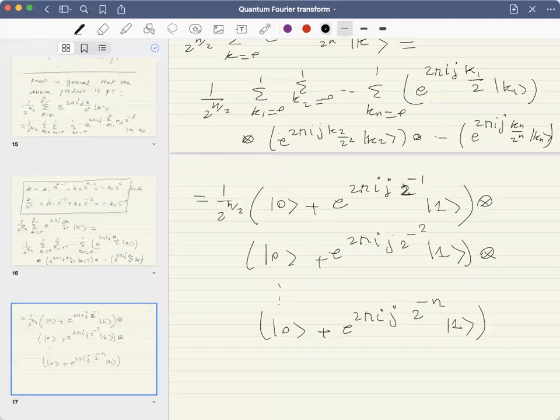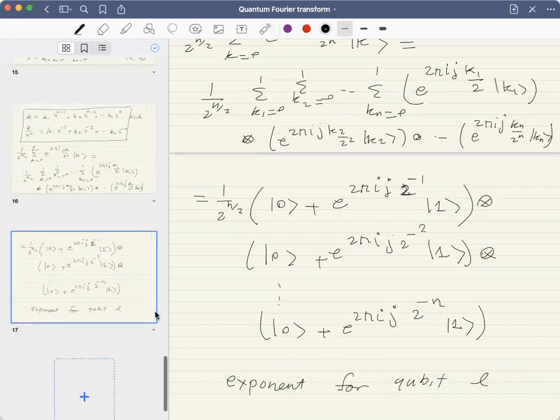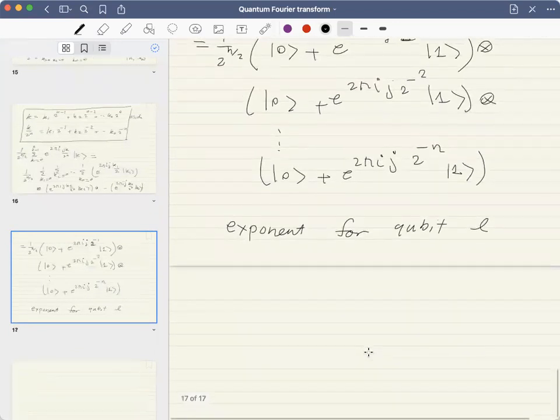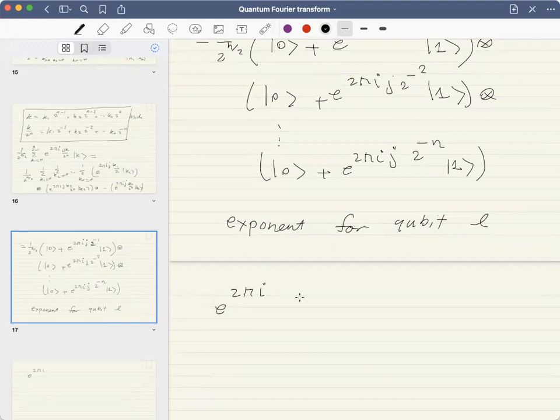Essentially the exponent that appears here, say for qubit L, is e to the 2 pi i j 2 to the minus L. So now we're saying j is j1 2 to the n minus 1 plus j2 2 to the n minus 2 plus all the way to jn times 2 to the 0.